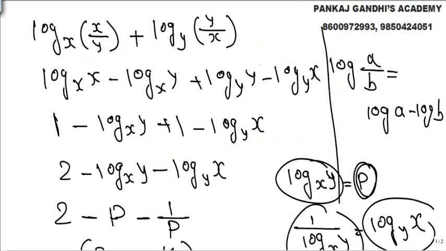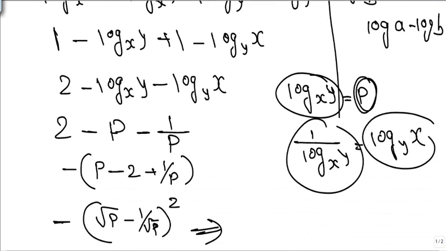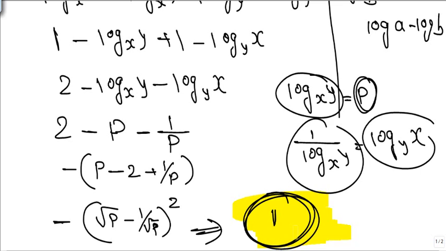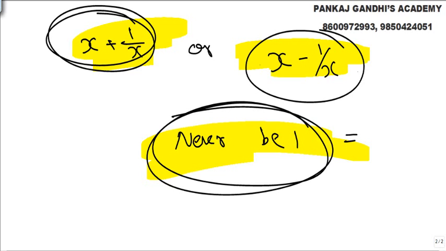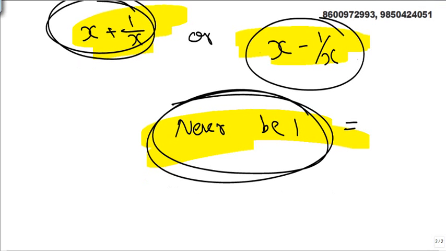Try for any value, it will never come. Now if this can never be 1, then what we know is this square, the value we want, can never be 1. So now whether root p remains or p remains, this value can never be 1. So the answer: it cannot be 1. Anything else it can come, but this cannot be 1.